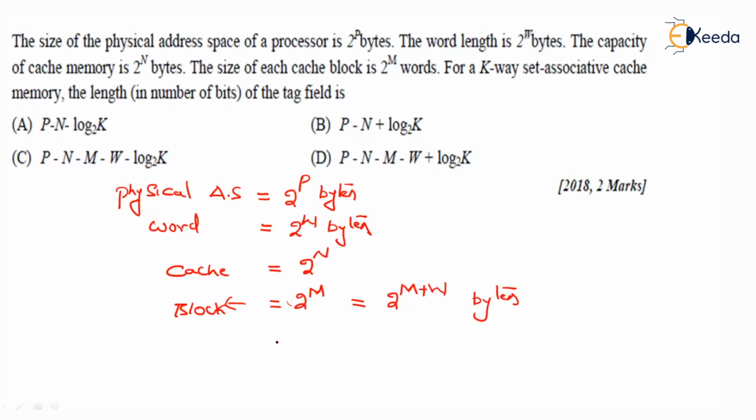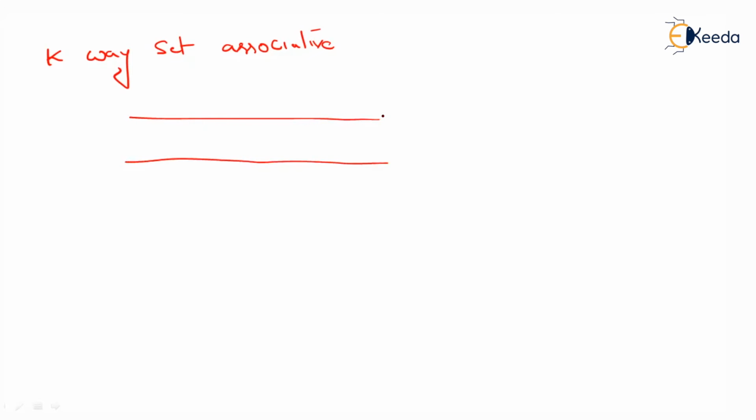So let us go for a k-way set associative cache. In k-way set associative, you know how to divide. This is the physical address.